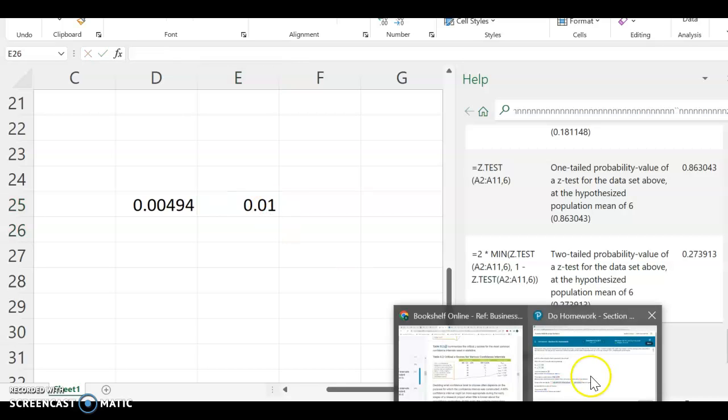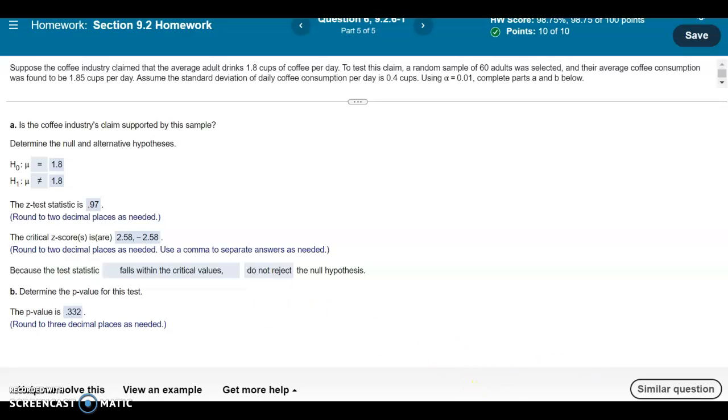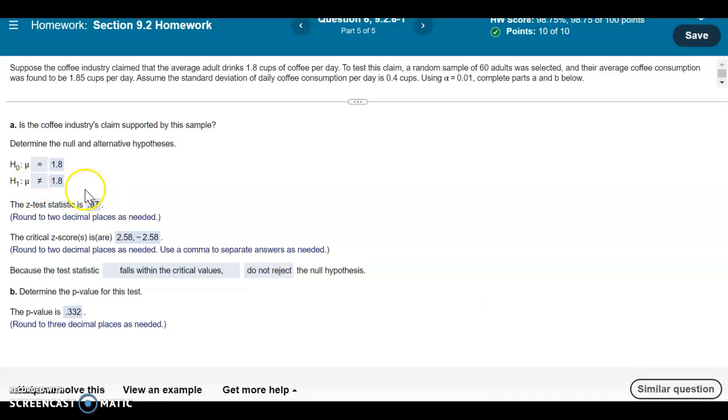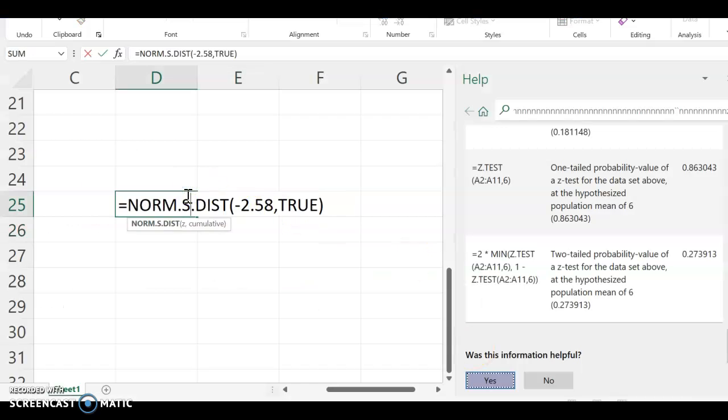And you would get 0.01. Okay, I did something wrong. Your p-value, I think I put the wrong thing in for the test statistic. I used the critical value, which is a good thing I did, because that's a mistake that a lot of people make. You make sure you use your test statistic.